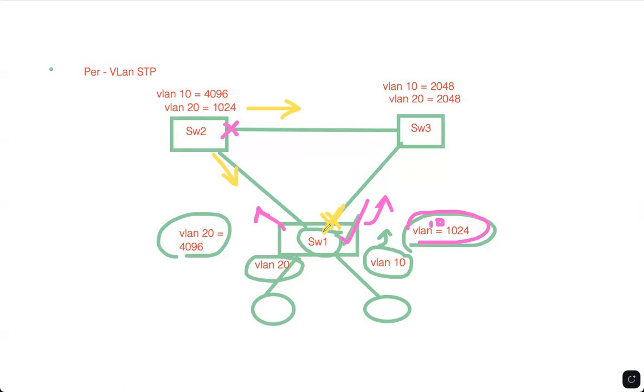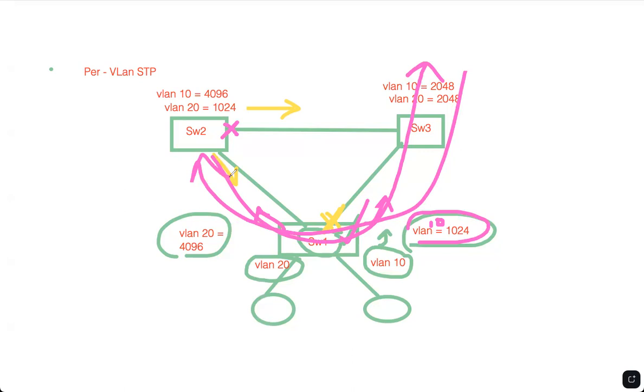So we are not blocking the port at the switch level, but at the VLAN level, we are altering the condition of allowing the traffic of one link over the other. If you observe for VLAN 10, the traffic flows like this. That is how the VLAN 10 traffic looks.